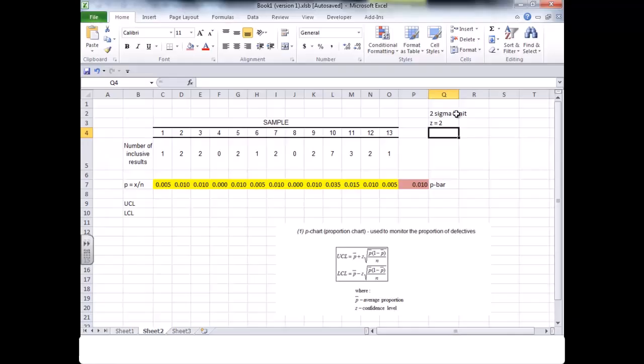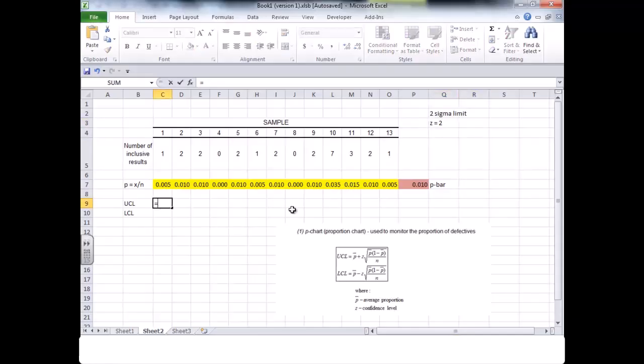So for a 2 sigma limit, what confidence level does this translate into? Is it 98 or 95? Yeah, somewhere between. It's 1.96, so it's about 95%.